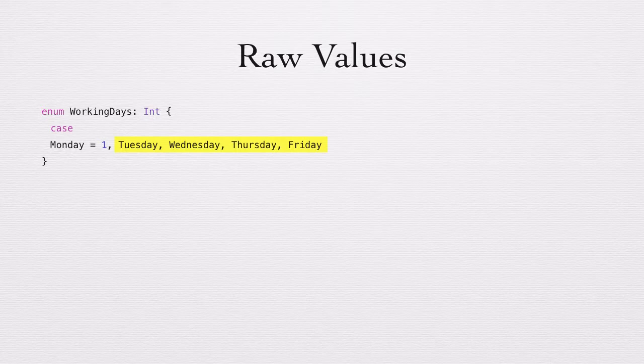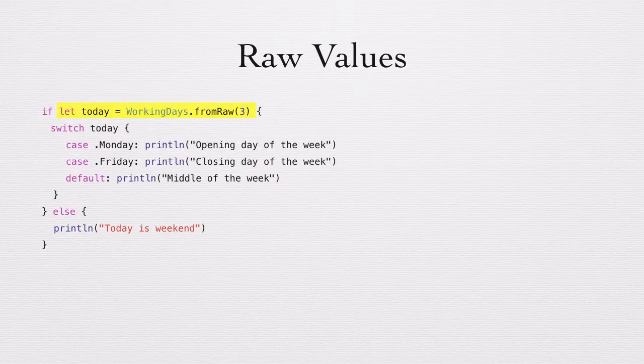The enumeration provides two methods called toRaw and fromRaw to use these raw values in your program code. I will illustrate this in a program. Here, we create a constant called today with the value assigned from the working days enumeration. The particular member that is accessed has a raw value of 3.